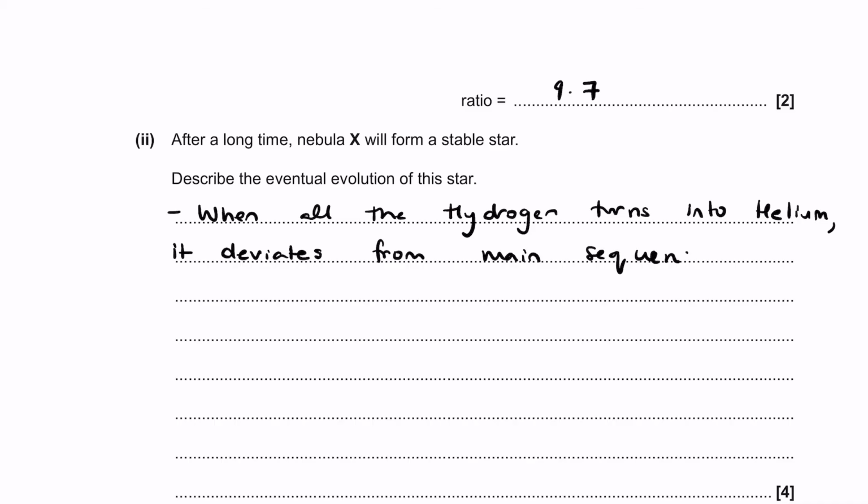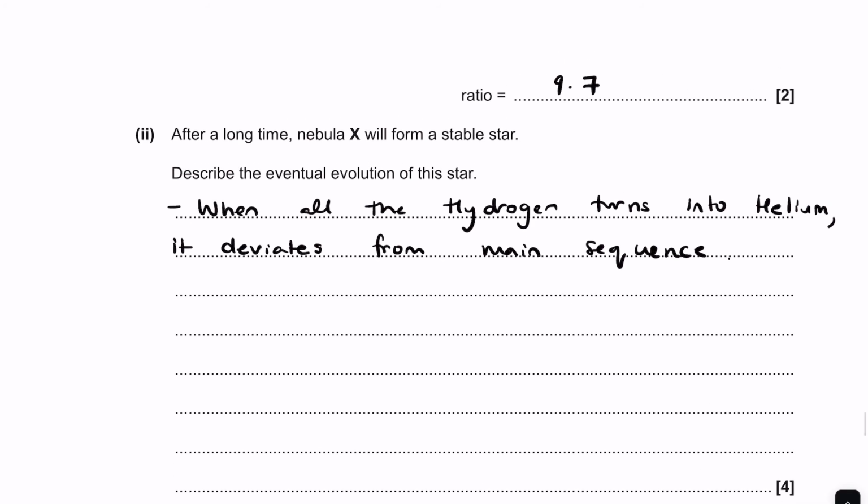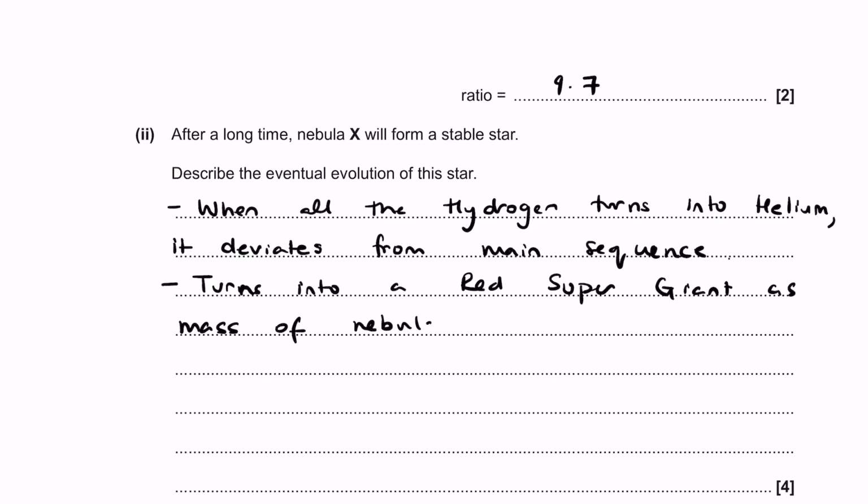Depending on how big it is, it would have two different paths. Because this nebula is bigger than the Sun, it will turn into a red supergiant, as the mass of nebula X is greater than that of the Sun.